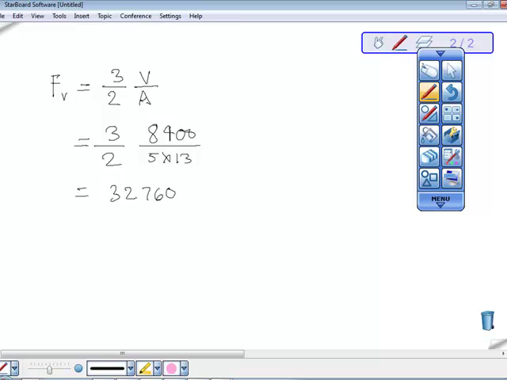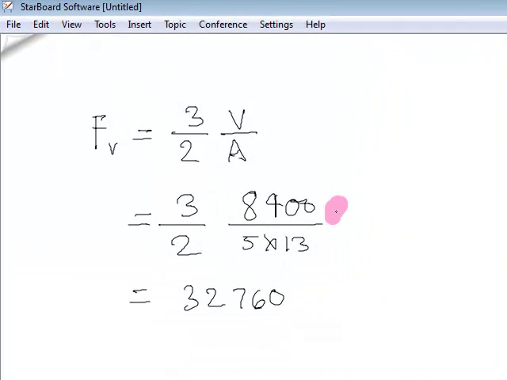BD is the area, base times depth. This was done differently. This is 8,400.